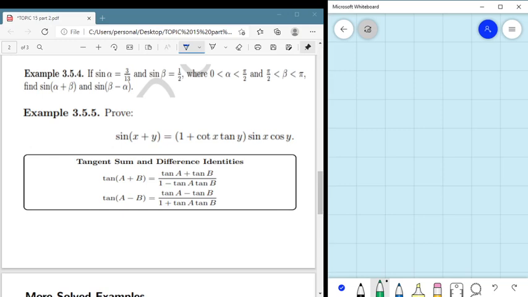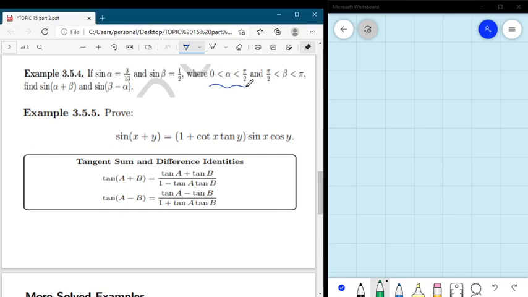When alpha is between 0 and pi over 2, it is in quadrant 1. Here is 0, then pi over 2, this is pi, and this is 3 pi over 2. So when beta is between pi over 2 and pi, it is in quadrant 2.